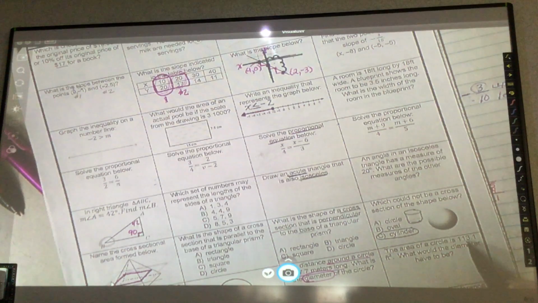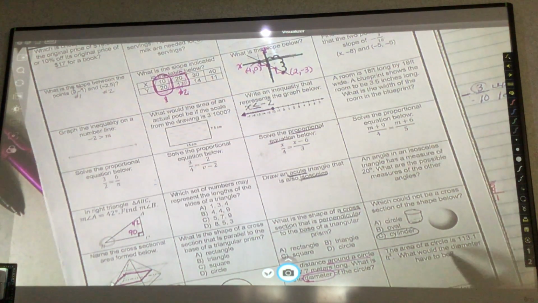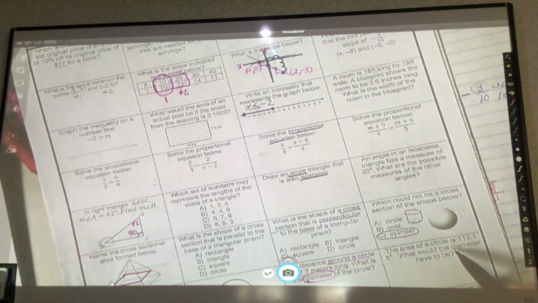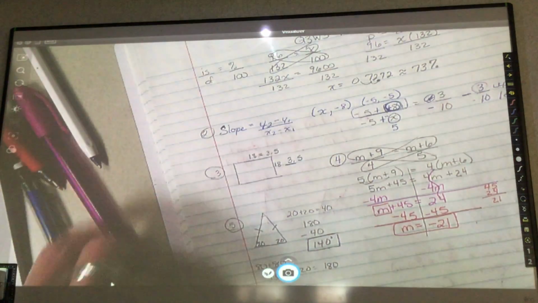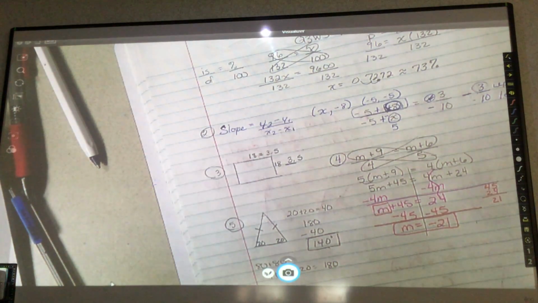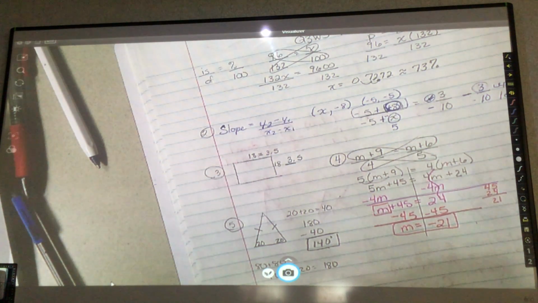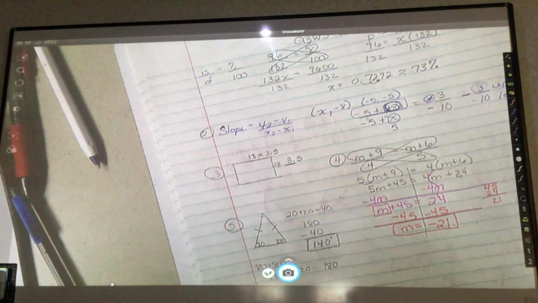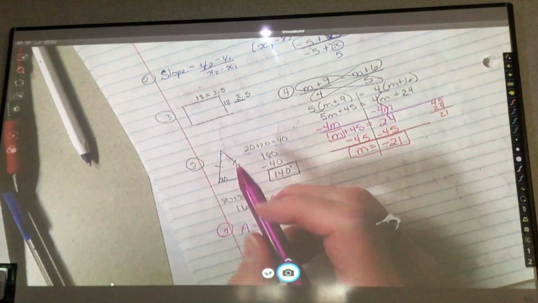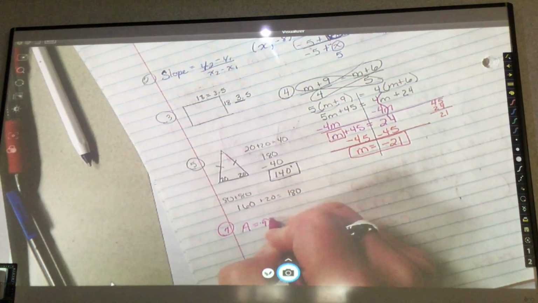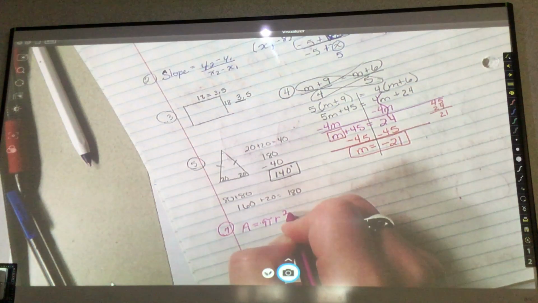The area of the circle is 113.1 feet squared. What would the diameter have to be? Okay, you have to start writing those formulas out. So my formula for area equals, what? Area equals pi times r squared, okay?